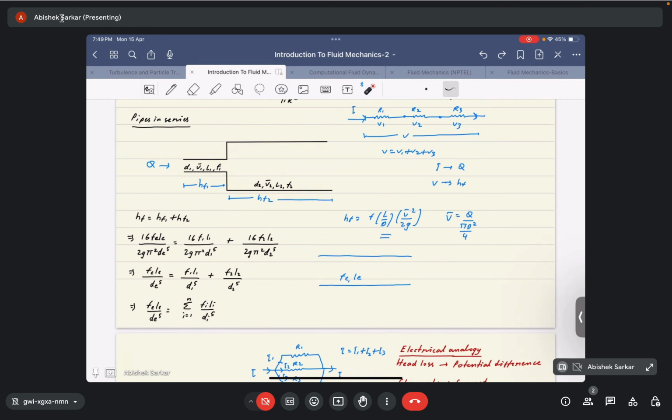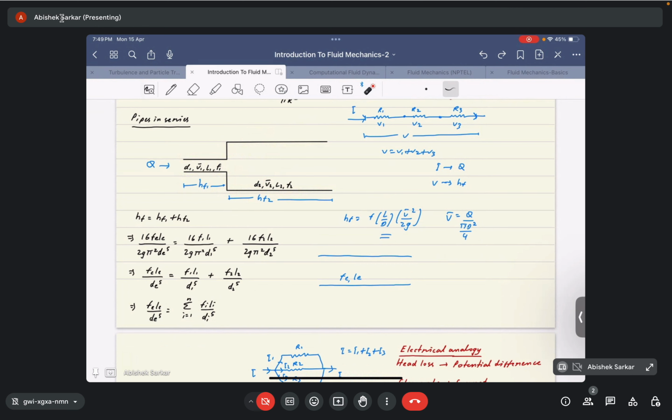Say you want to get an equivalent pipe, something that has a greater diameter compared to this and a lesser diameter compared to this, having an equivalent length LE and an equivalent friction factor FE, because f is not constant for both the pipes.